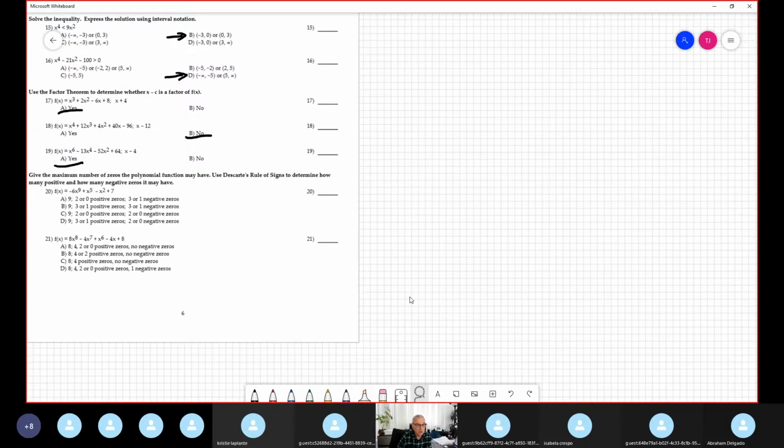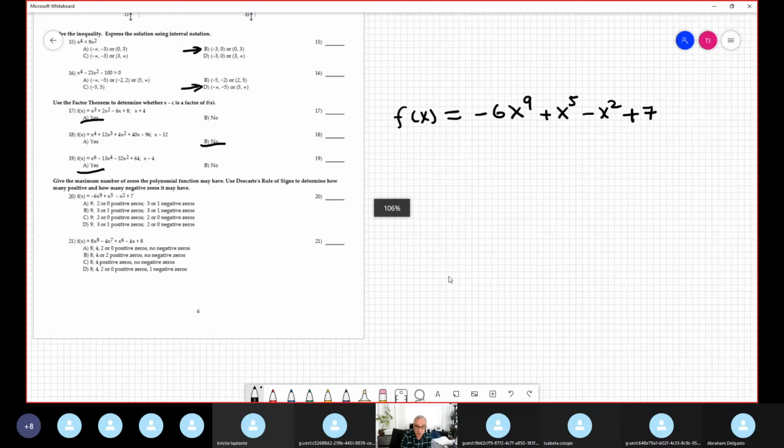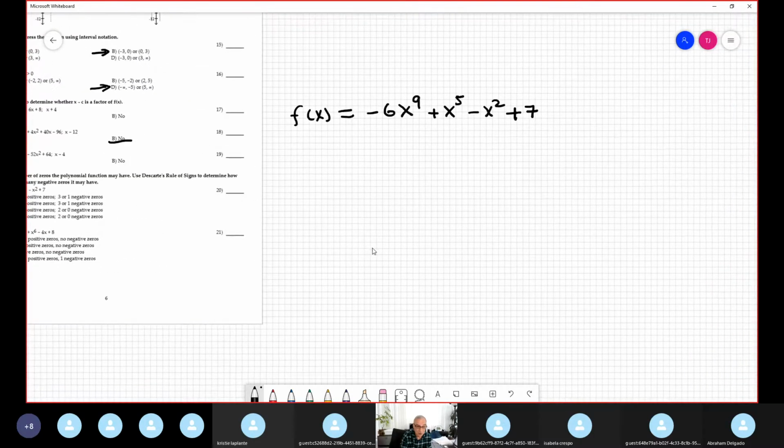Suppose in question 20, the polynomial given is minus 6x to the 9th power plus x to the 5th power minus x squared plus 7. The polynomial is not necessarily complete. See, one term is missing, I don't care.